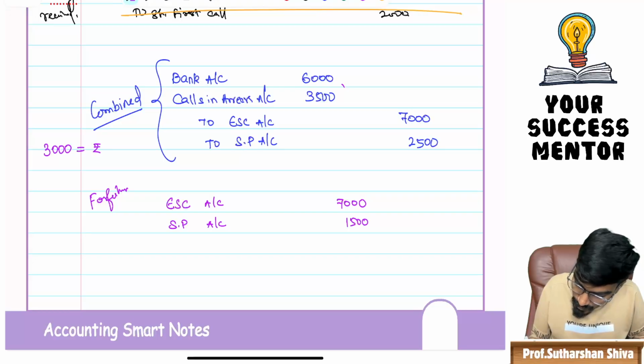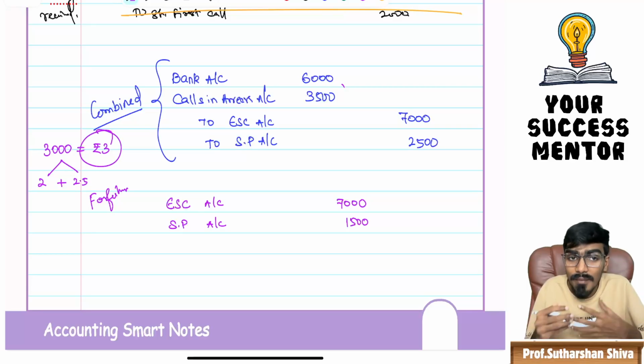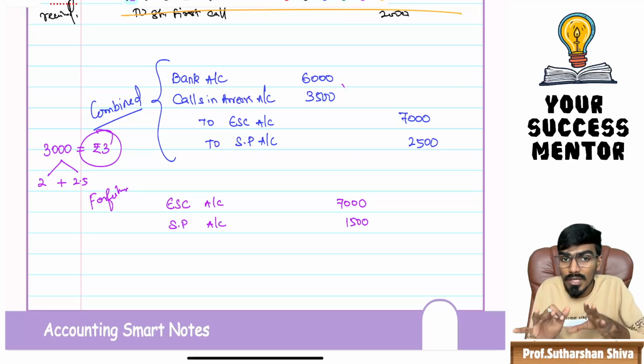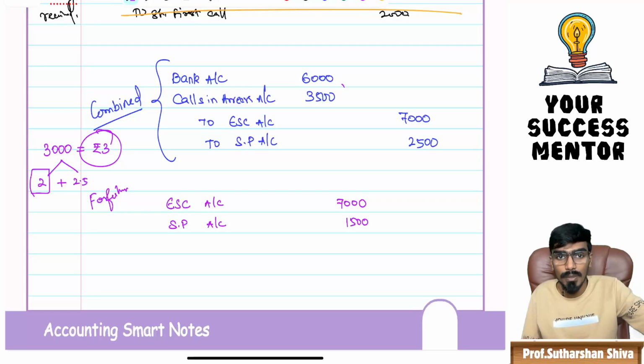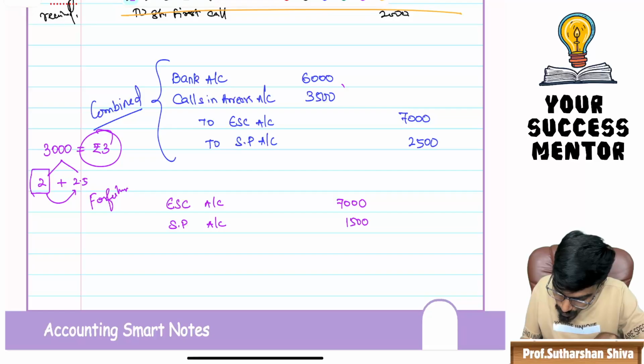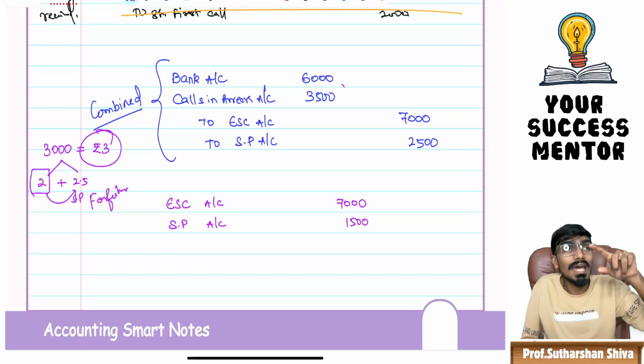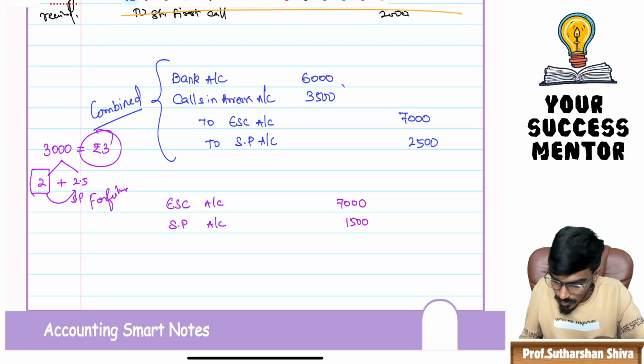Basically per share I am having 3 rupees on which I want allotment money. So this 3 rupees I am having in excess, I will fully utilize it for the first 2 rupees, which is towards the allotment purpose. Anything in excess of 2 rupees will be taken over to the securities premium. It will not directly be taken over to the first call. It will be directly taken over to the securities premium.